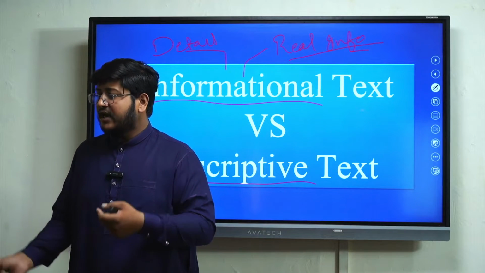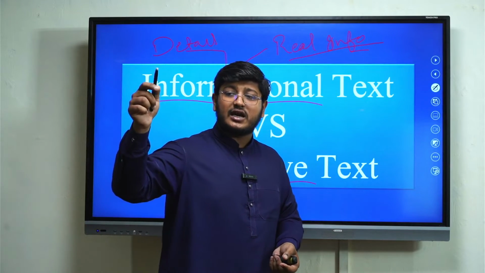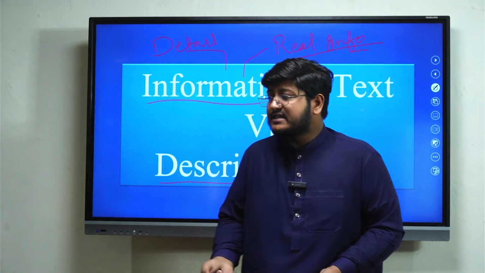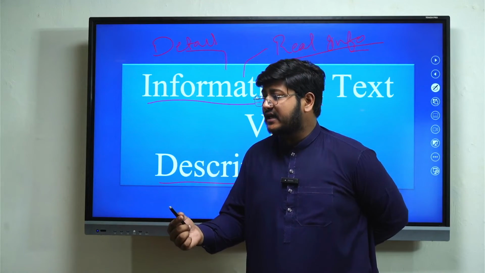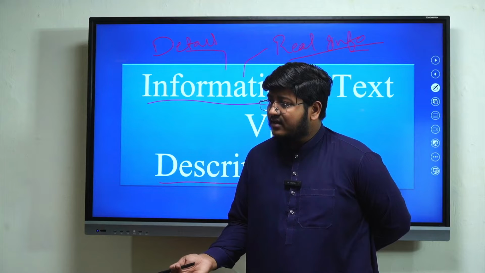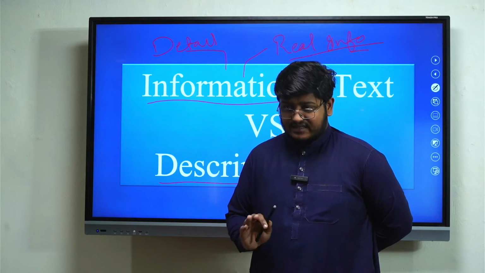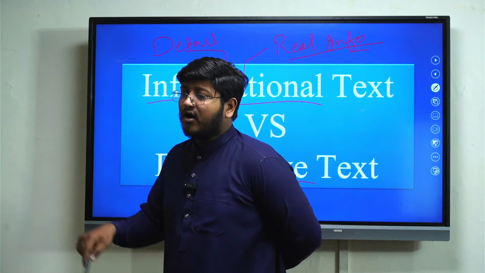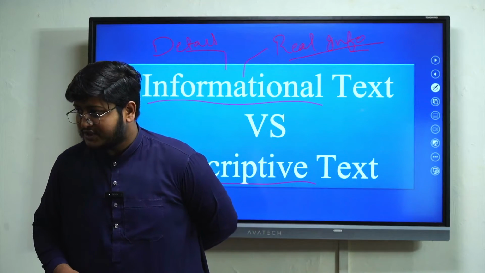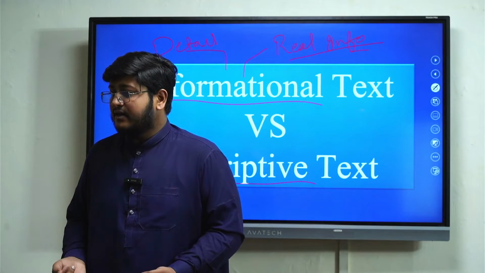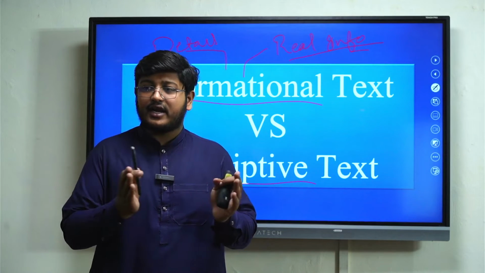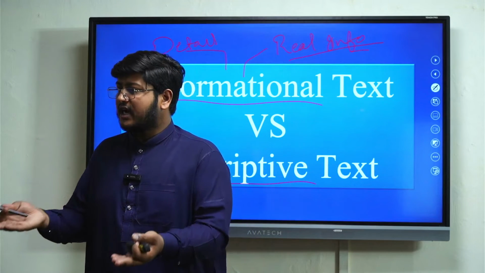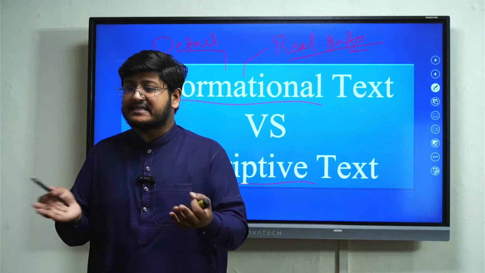If within a text all the information is about the parts of plants, it means that the central idea of that text is parts of a plant. And if we read a text in which all the information is given about the chair, then we will say that the central idea is to describe a chair, to present a chair.